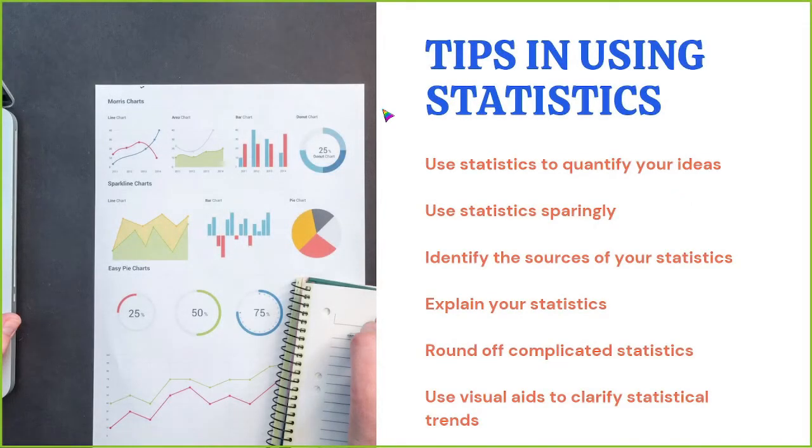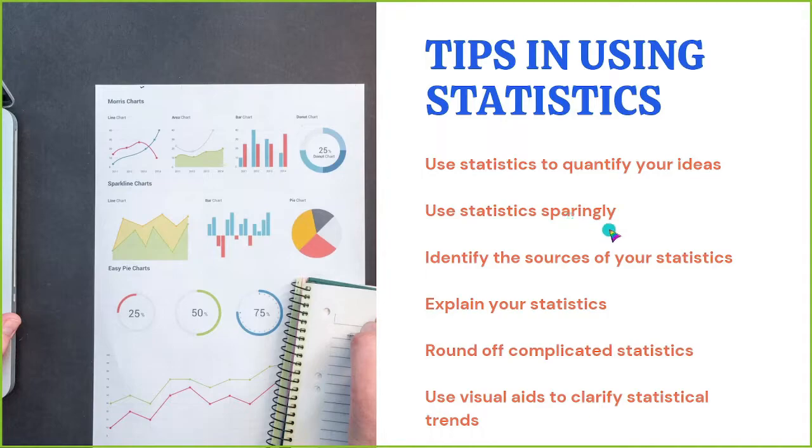So the tips in using statistics: not every topic must use statistics. You only use statistics to quantify, if you want to use the percentage just now to clarify your topic for your public speech. Use statistics sparingly.